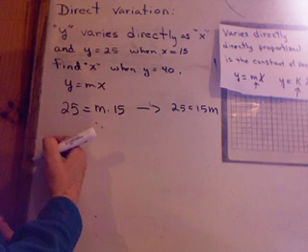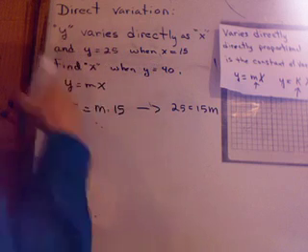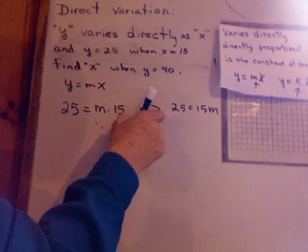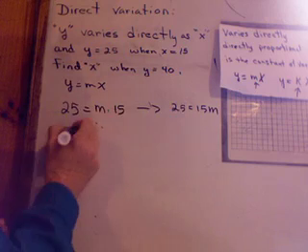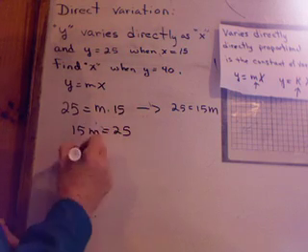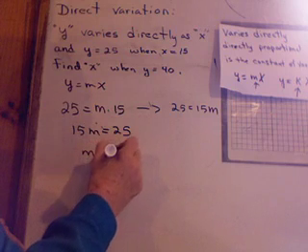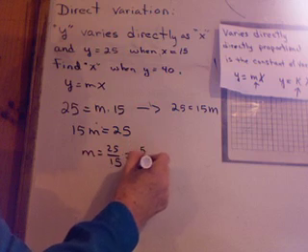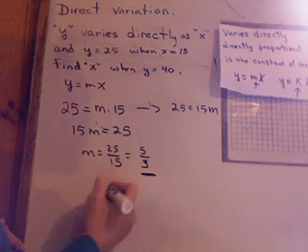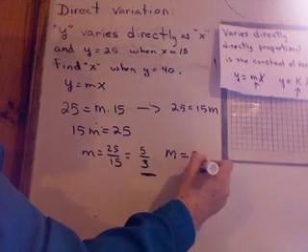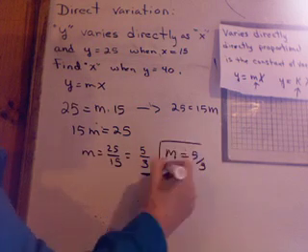So that gives us another piece of information, but what I have to do first is solve this for m. So if 15m equals 25, m equals 25 over 15, and of course you need to reduce that, so 5/3. So m is 5/3. That's an important piece.